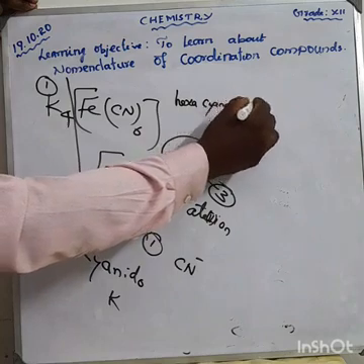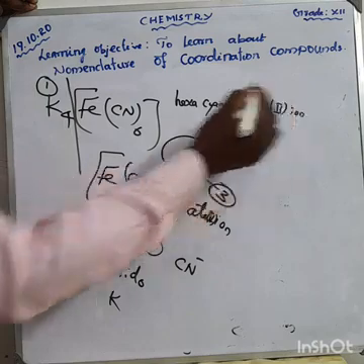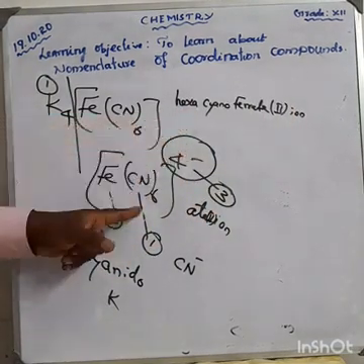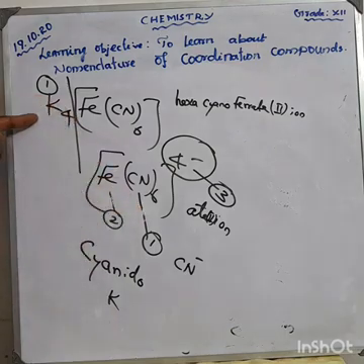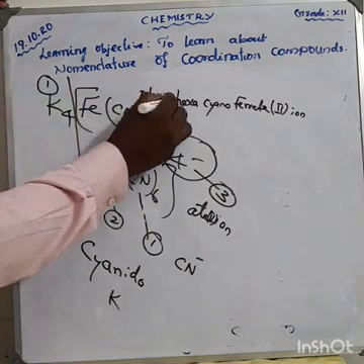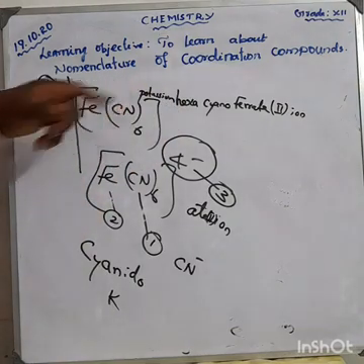Hexacyanoferrate(II) ion. How do we name it? First you say the ligand name. How many ligands are there? Here there is one more part, as I told you: start with the cation, potassium. That's the first priority.